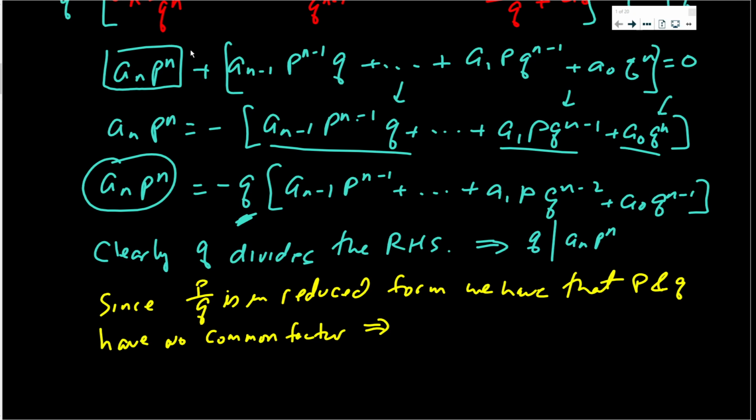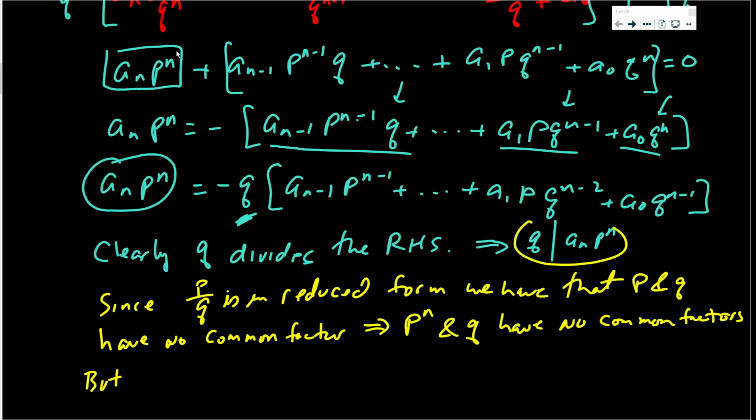But that implies that p to the n and q have no common factors. Okay? But nonetheless, we have that q divides a_n times p to the n.